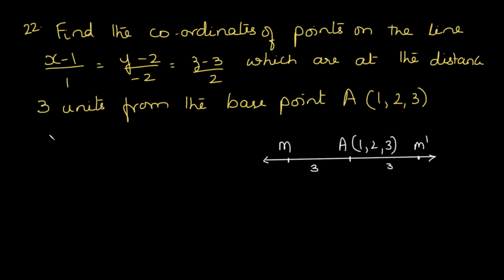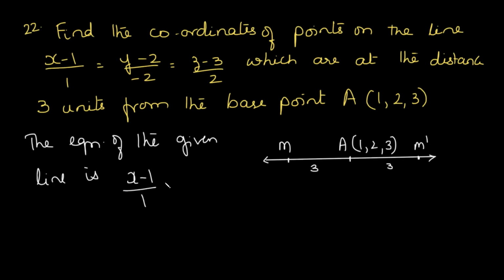Now the Cartesian equation of the line. The equation of the given line is (x minus 1) upon 1 is equal to (y minus 2) upon minus 2 is equal to (z minus 3) upon 2. This is the equation of the line, and we also write this as lambda is equal to lambda.